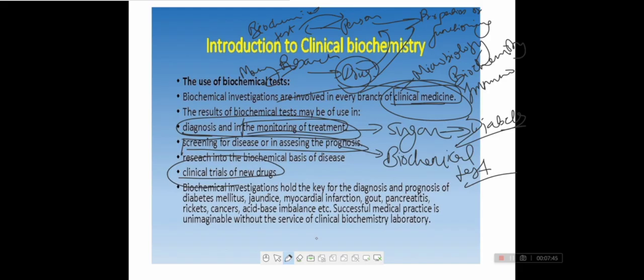Biochemical investigation holds the key for the diagnosis and prognosis of diabetes mellitus, jaundice, myocardial infarction, gout, pancreatitis, rickets, cancer, acid-base imbalance. Successful medical practice is unimaginable without the service of the clinical biochemistry laboratory.